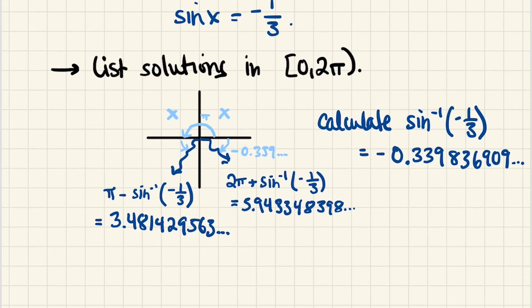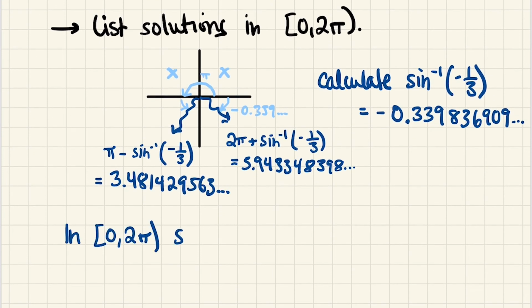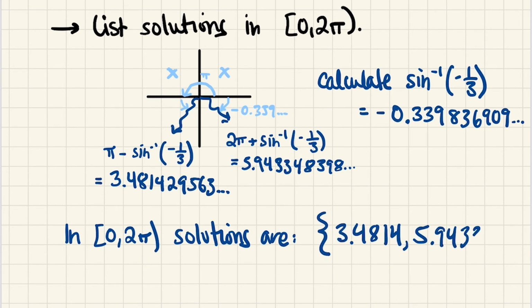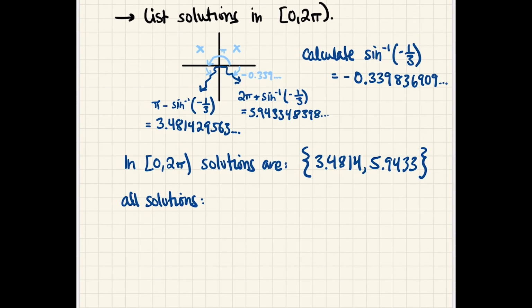All right, so those are the individual solutions between 0 and 2 pi. So we'll just list them. And if we want all solutions, it's just going to be each of these weird solutions plus everything coterminal to them.